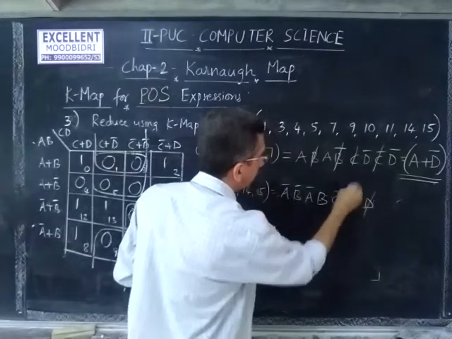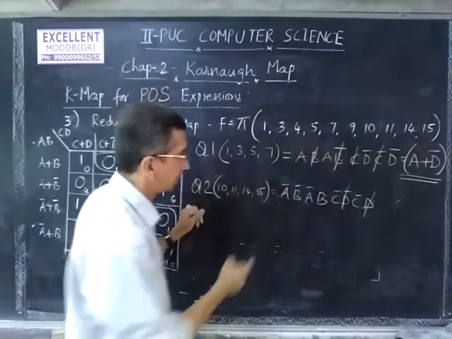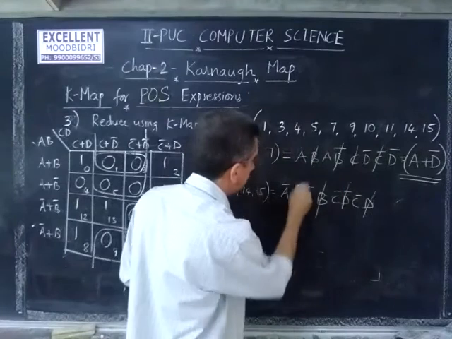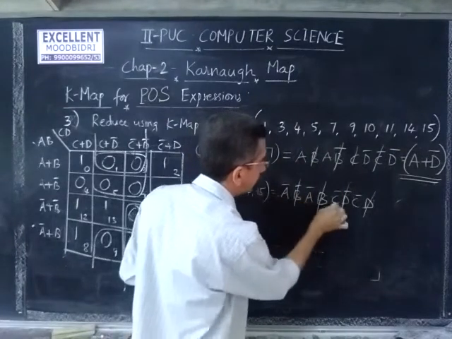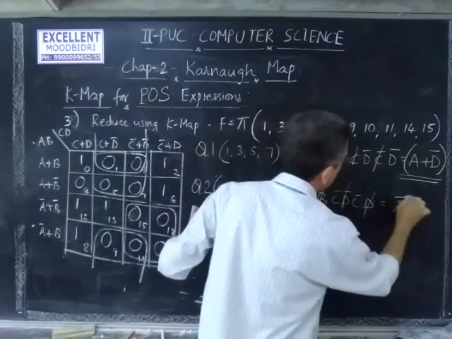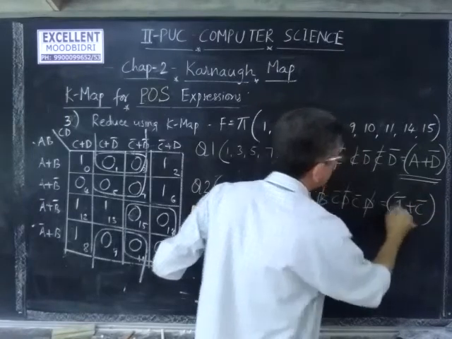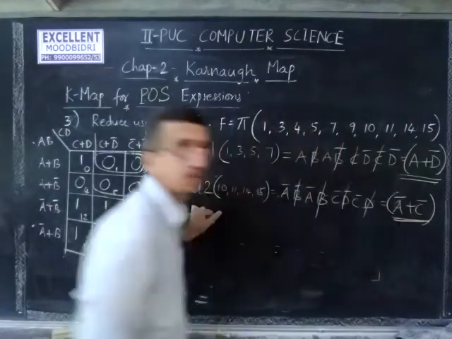C, D and D bar. Correct? A bar, B and B bar. So A bar and C bar. A bar plus C bar. So that is the term available from the second quad.